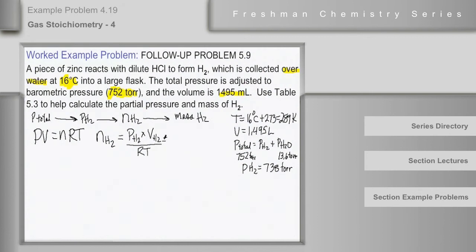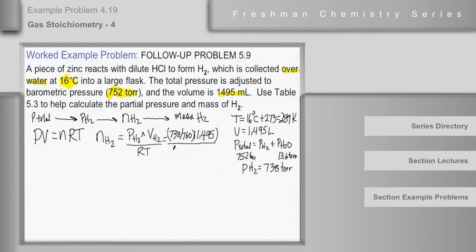So the pressure of the hydrogen is 738 torr. 738 divided by 760 would be the pressure in atmospheres. And then we're going to multiply that by the volume, which is in liters, 1.495 liters.